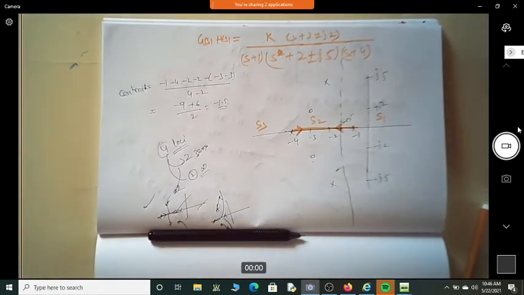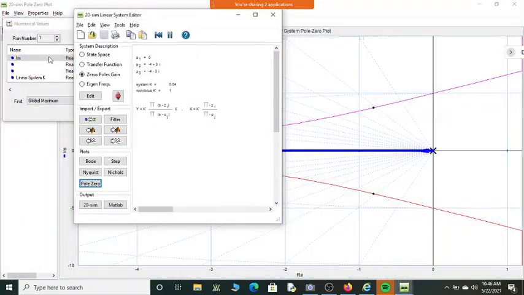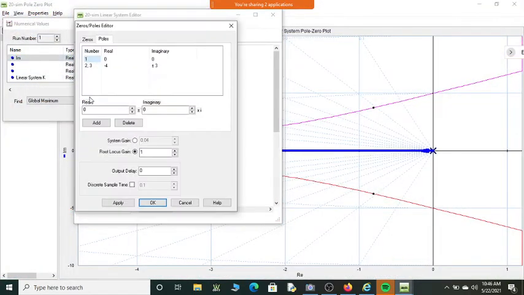Shall we just do the simulation once and we'll come back to this? Let me show you simulation wise how it looks. Can somebody tell me the poles and zeros? Poles are at minus 1. So the pole at minus 1.